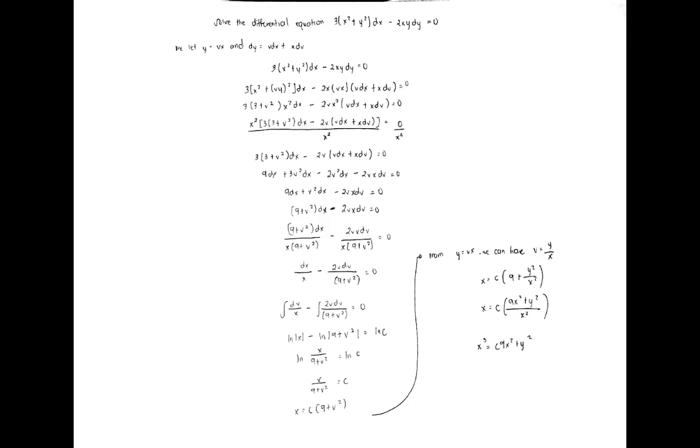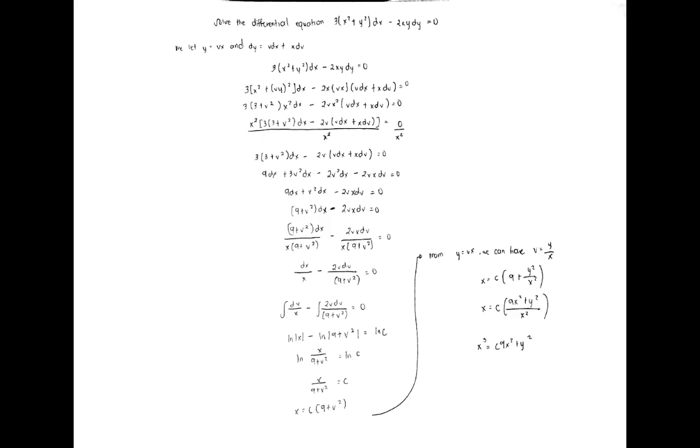Why did we choose y and dy? Because it is the simpler part rather than the dx, as we can see in the given. So now that we let y and dy, we substitute the values.